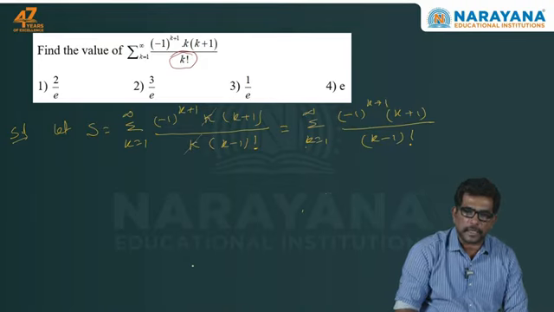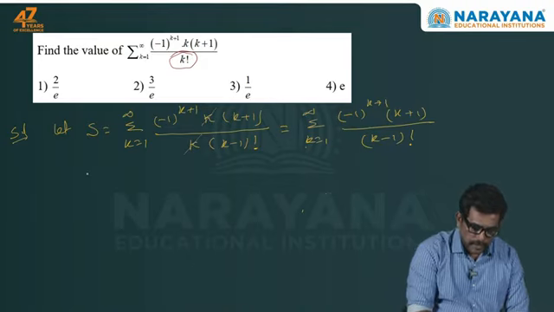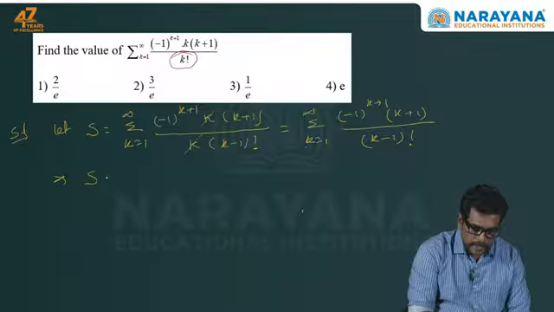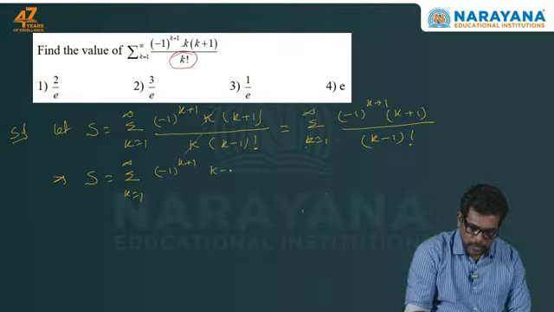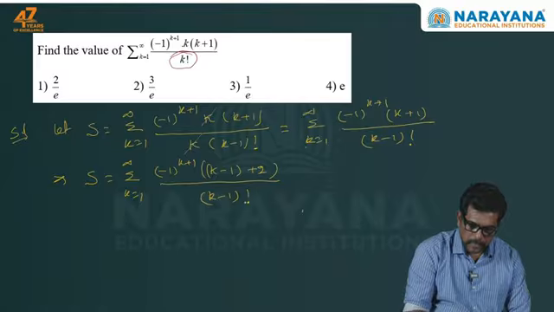Now I am going to simplify this using the denominator, that is S is equal to summation k is equal to 1 to infinity, minus 1 whole to the power of k plus 1. K plus 1 I am going to write as k minus 1 plus 2 by k minus 1 factorial.